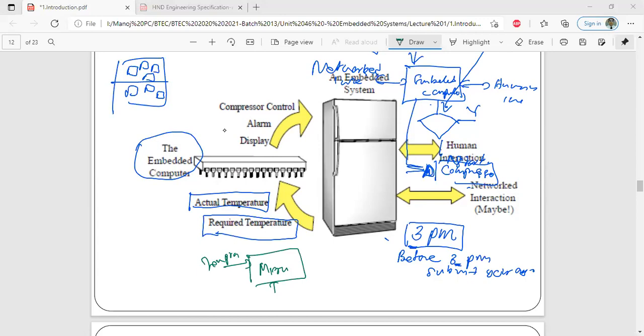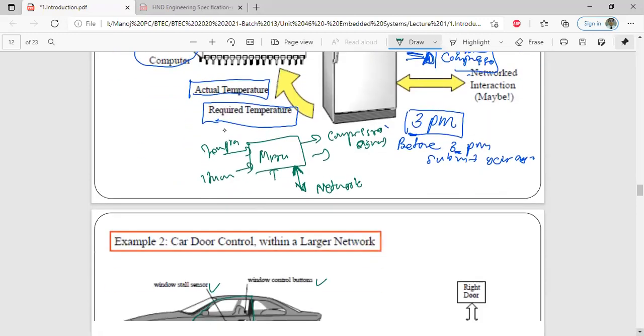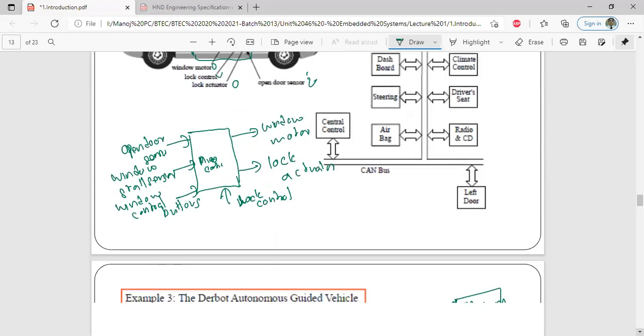And here we have the compressor signal out, and human interaction also, right? And when we have a network connection, it goes both ways. Most of the time it will give output, and it can give inputs as well, right? So those kind of things should be included when you're drawing the block diagram.